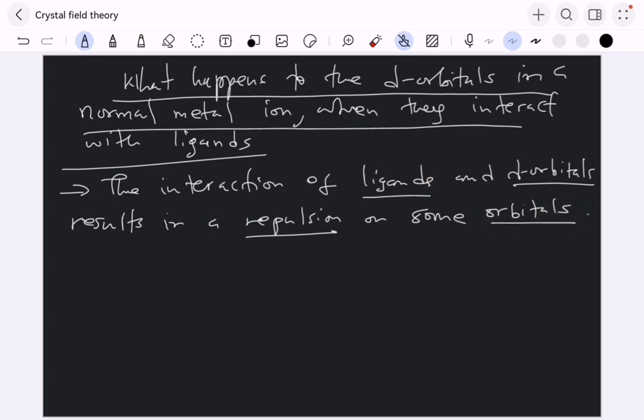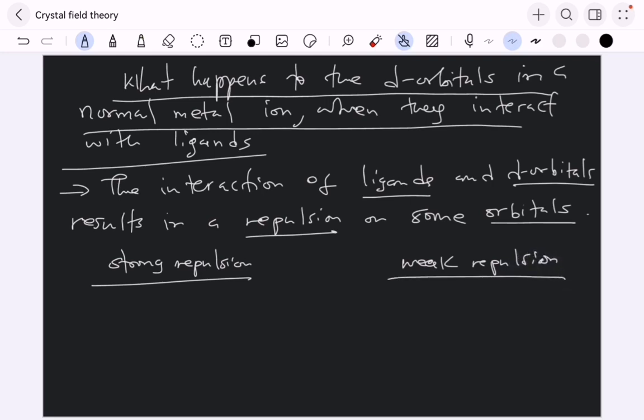Some of the orbitals experience a very strong repulsion, and for others there's a weak repulsion.